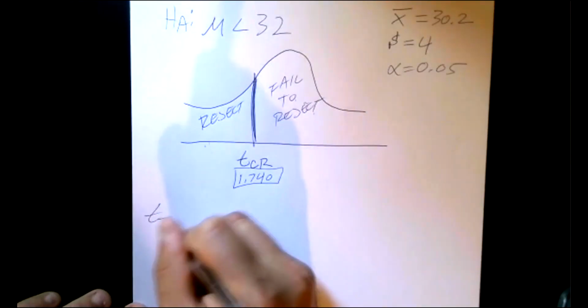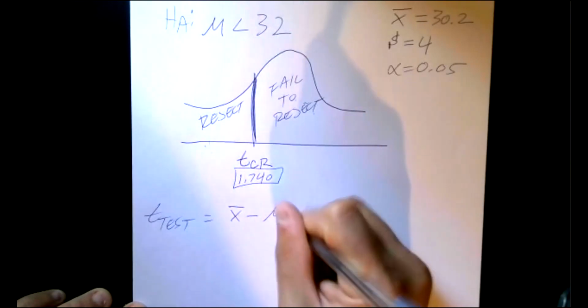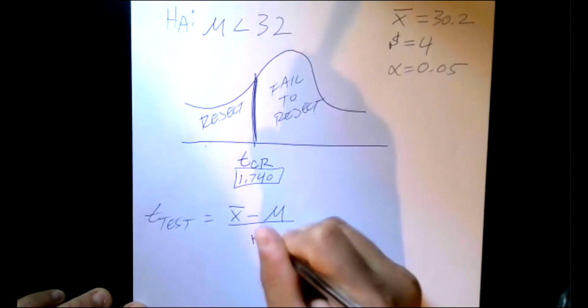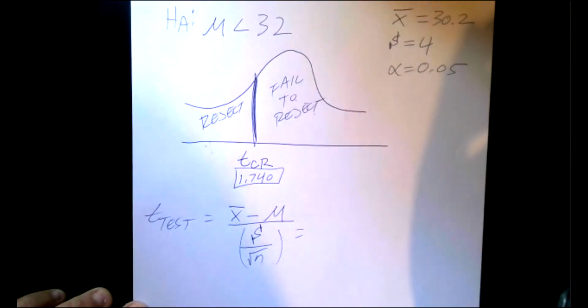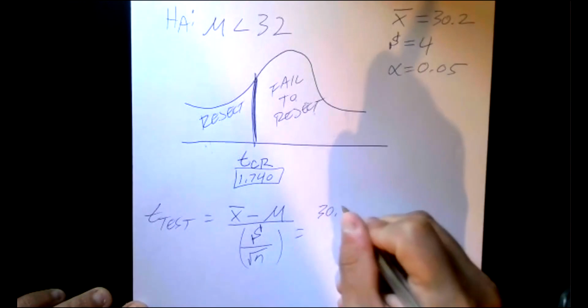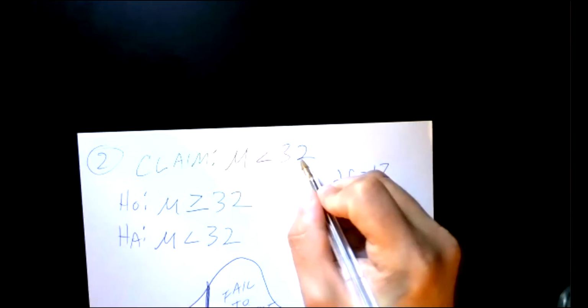Let's find the test statistic. Similar to the previous problem, but we're using the sample standard deviation. Sample mean is 30.2. Population mean is assumed from the claim, which is 32.